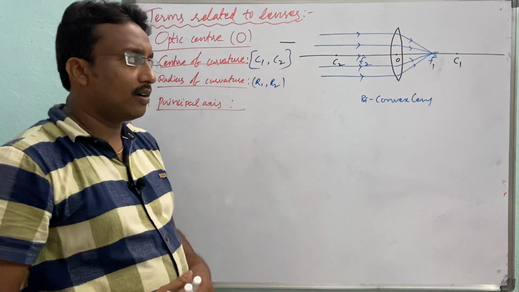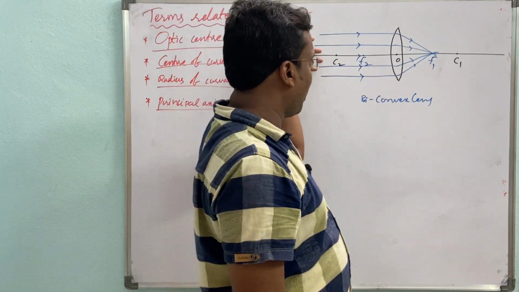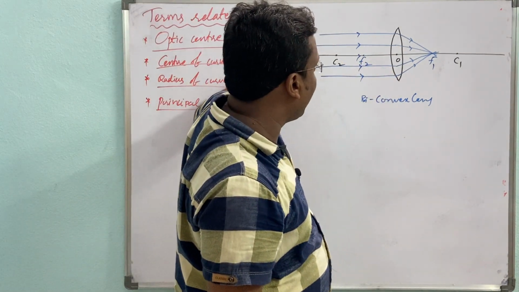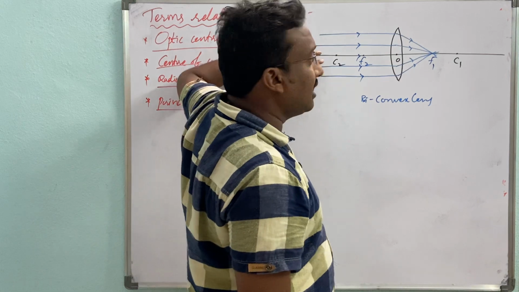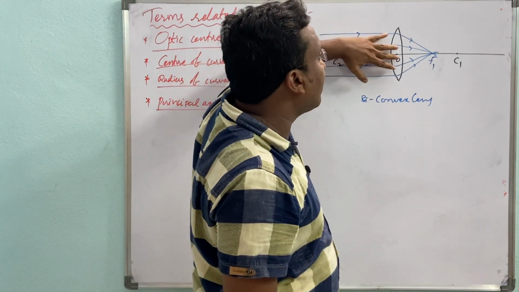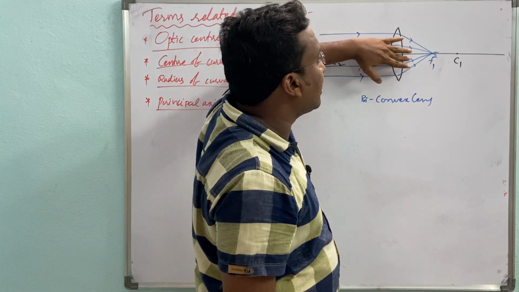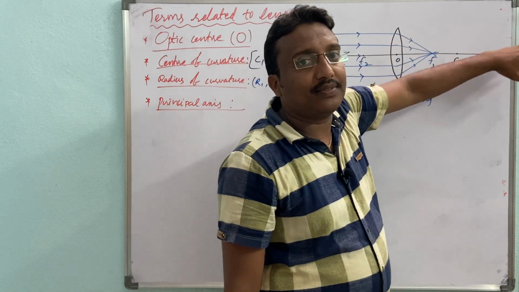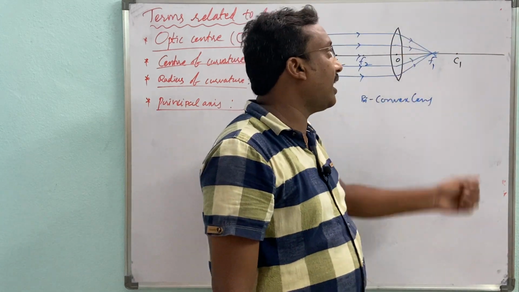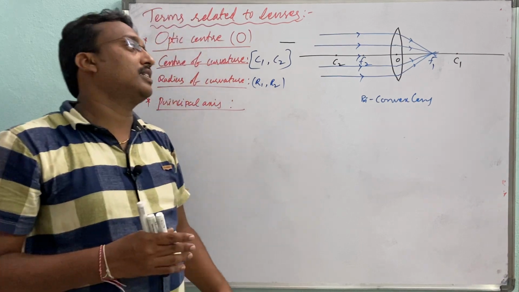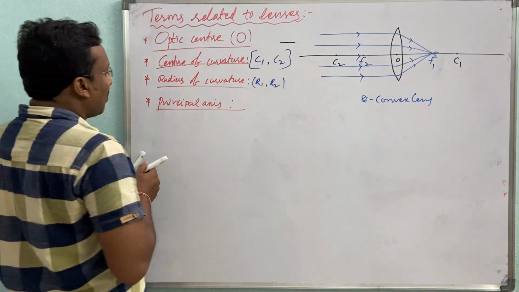Got it? Right? Then if a parallel beam of light which is parallel to the principal axis falls on the convex lens, it converges at a point. That converging point is called as focus. What we call?